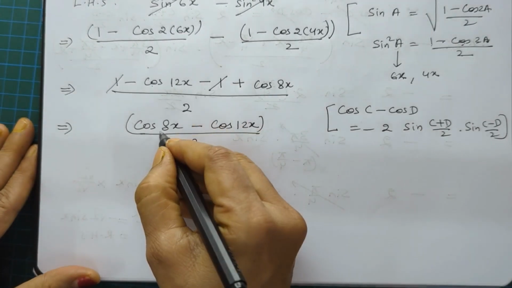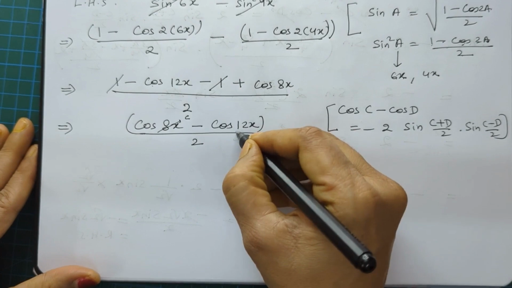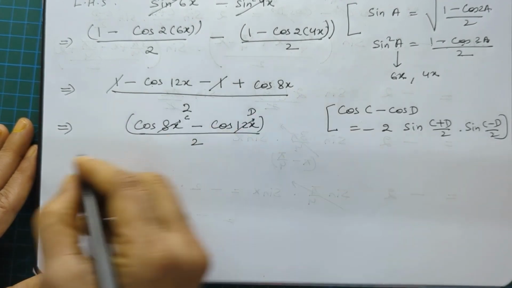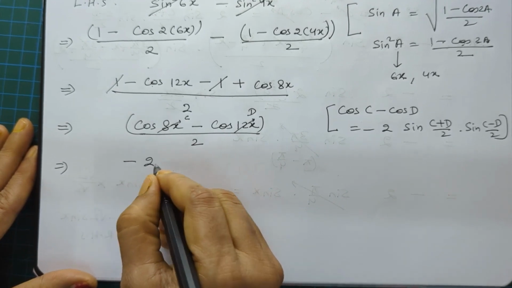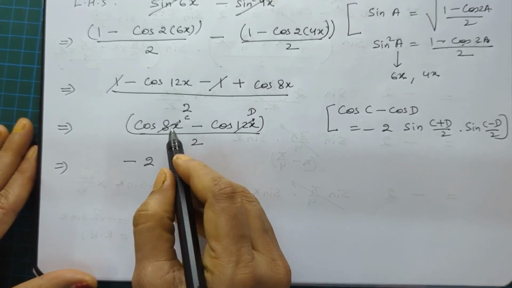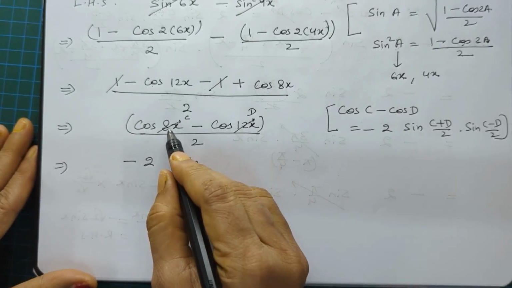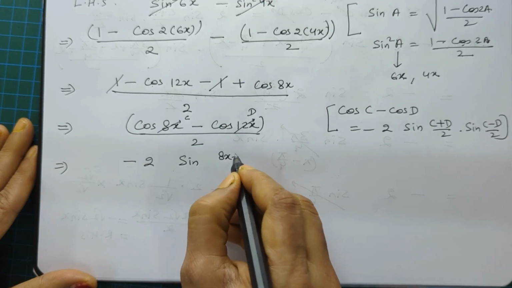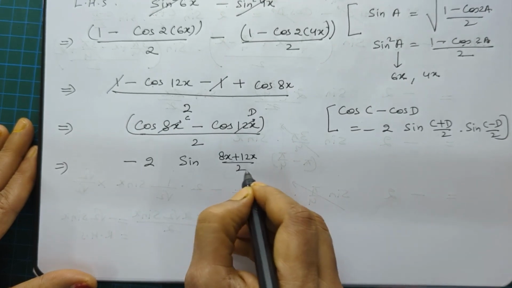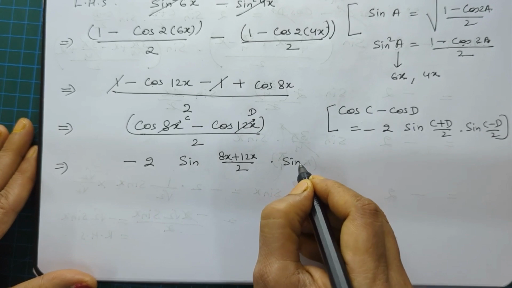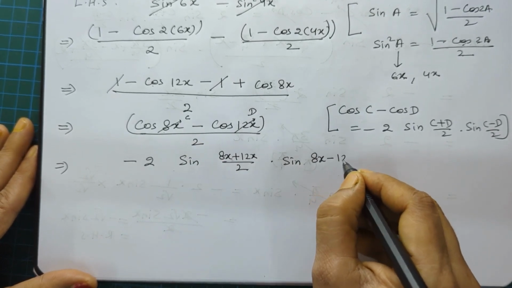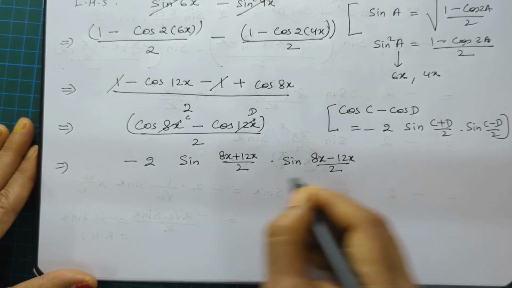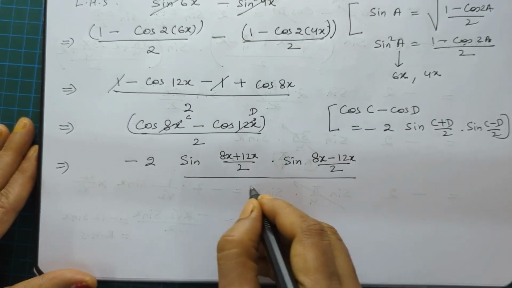So here 8x is C, 12x is D. The numerator is now twice negative 2 sine (8x plus 12x) by 2 times sine (8x minus 12x) by 2, and overall there is a 2.